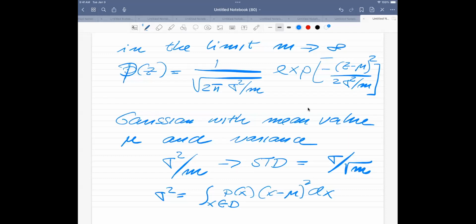Because there will be corrections coming from the so-called covariance matrix, which measures the correlations between different measurements, which is non-zero. Simply because we have data which are somewhat correlated.